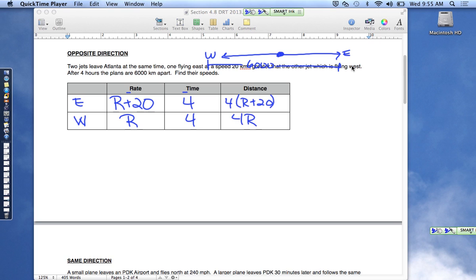And then you look at the initial setup that I provided above. Two objects traveling in the opposite direction. The rate times time of one plus the rate times time of the other equals the total distance covered by both planes. In this particular problem, that is 6,000.